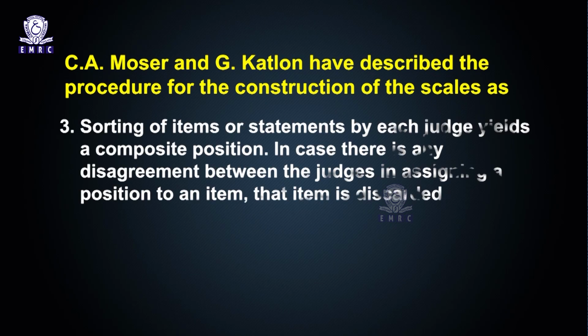The third step, this sorting of items or statements by each judge yields a composite position. In case there is any disagreement between the judges in assigning a position to an item, that item is discarded.